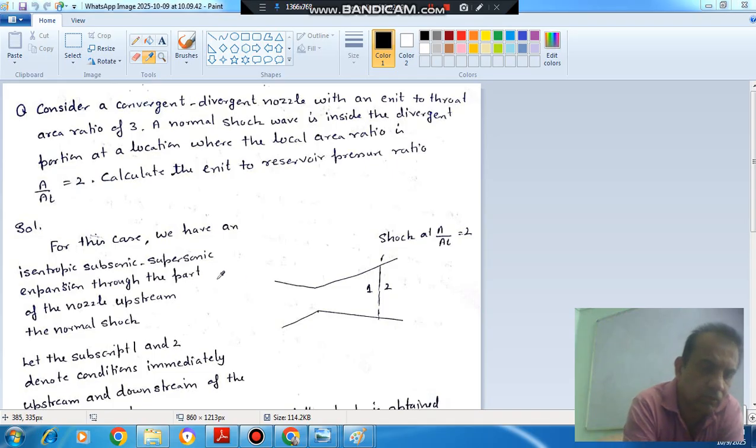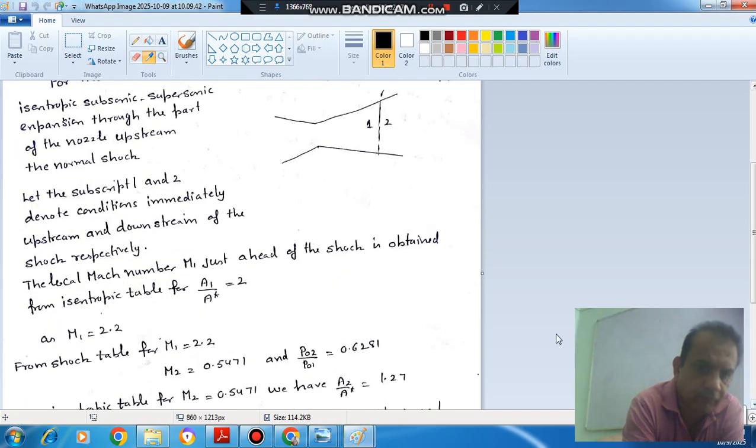Okay. So now we have area ratio here A by At as 2, and from the isentropic table we have seen that here the Mach number is 2.2. And after that the shock is occurring, so M2 is 0.547 and the stagnation pressure ratio from the shock table is 0.6281.